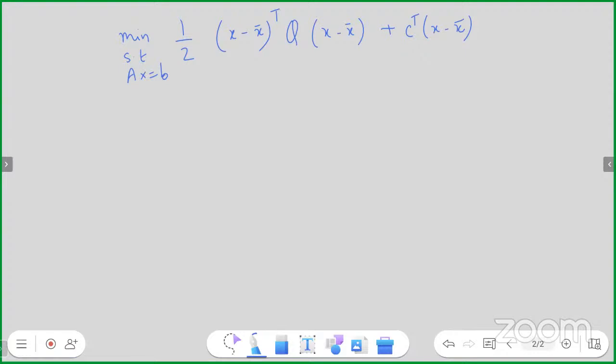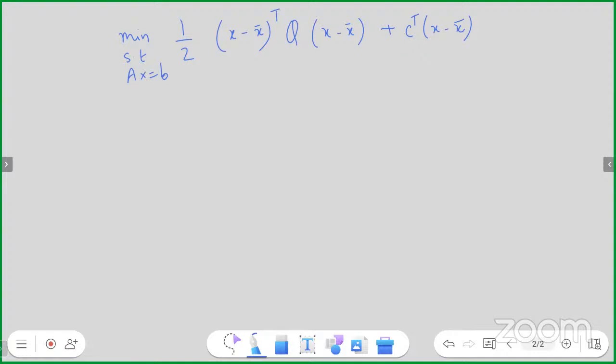What is this x bar? Some given vector. Q is also a positive semi-definite matrix, or positive definite, for example. If you somehow try and transform this into norm of x minus a, such that Ax is equal to 0, that's also important, because that's the solution I know.